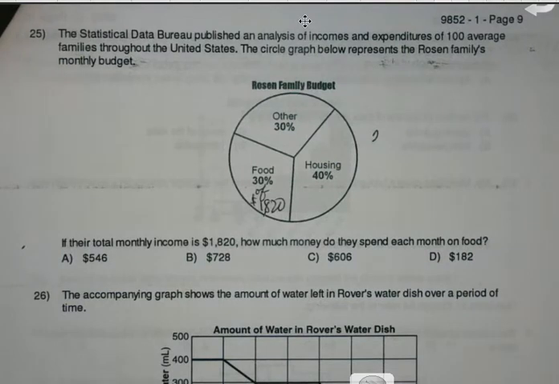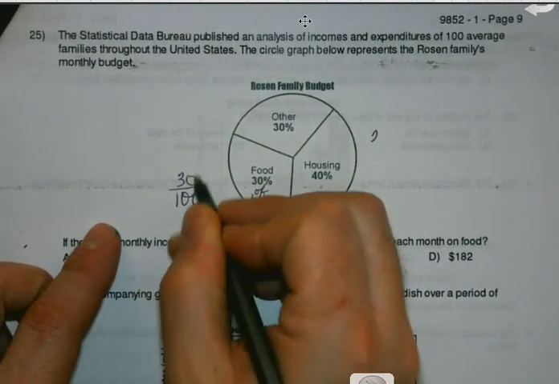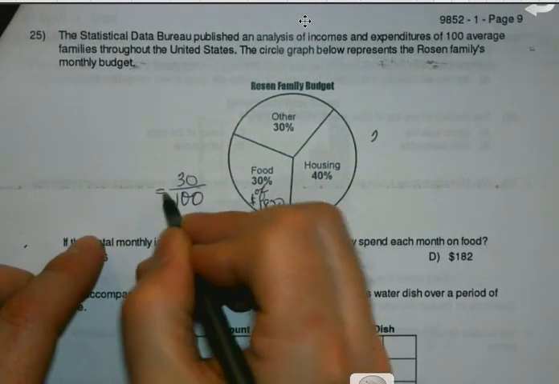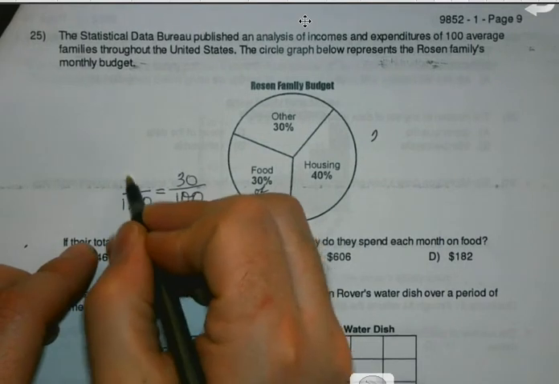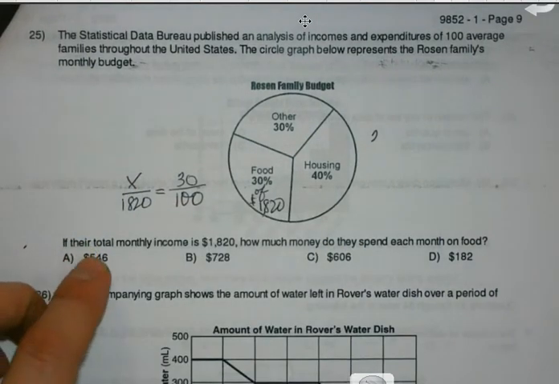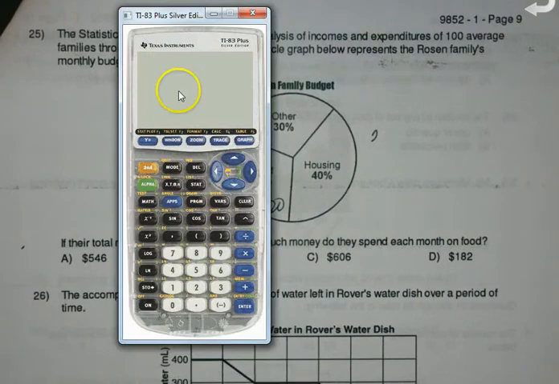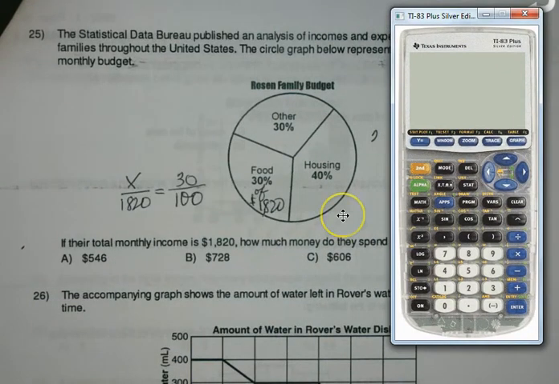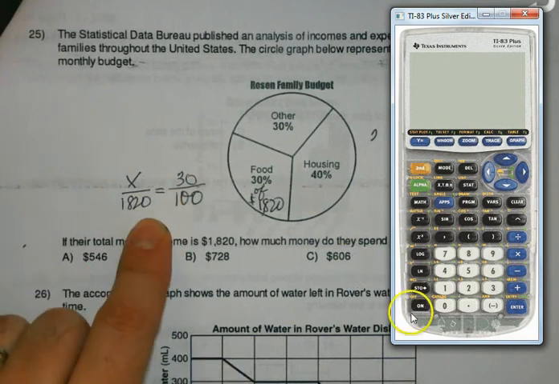Okay, let me ask it a different way. Would we rather work with a decimal, or would we rather work with the percent proportion? The percent proportion, okay. So if we do the percent proportion, the percent's always over 100. And the 1820 is how much money I have. I'm trying to figure out what 30% of that is. So again, I'm going to cross multiply the ones that don't have x.